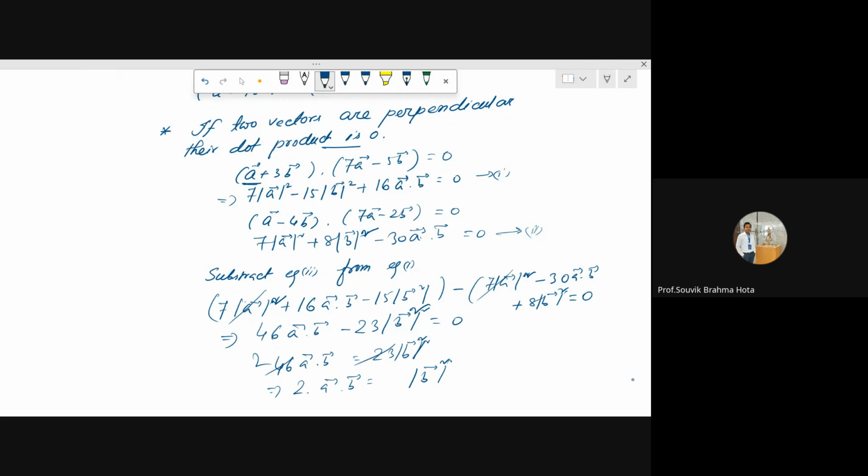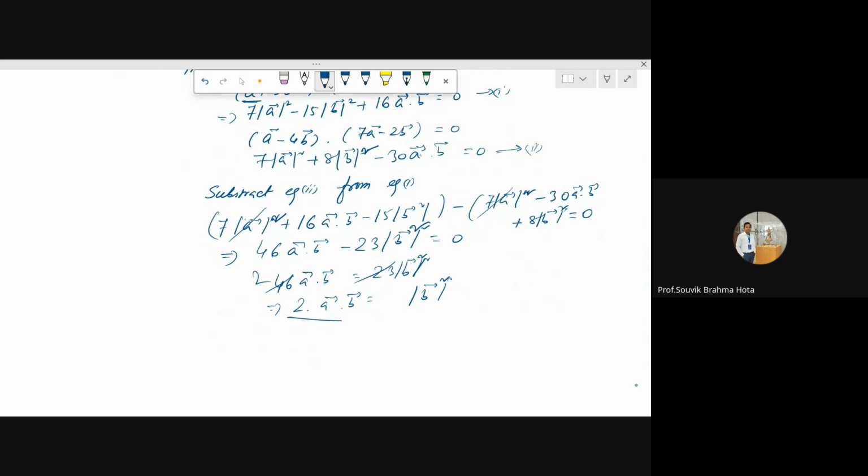Now once you get this value, 2a dot b is equal to this thing, you can substitute it in the first equation. So 2ab is b square. The first equation was 7a square plus 16ab minus 15b square is equal to 0.